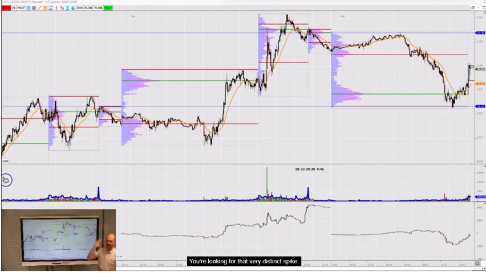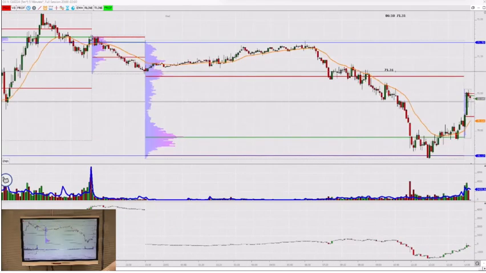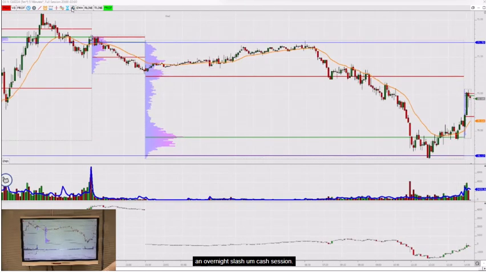You're looking for that very distinct spike. It's easy to see on a 1 minute chart, there's this very obvious jump at each end of the session, just where lots and lots of orders get entered. So that's how I'm looking at it from an overnight / cash session perspective.